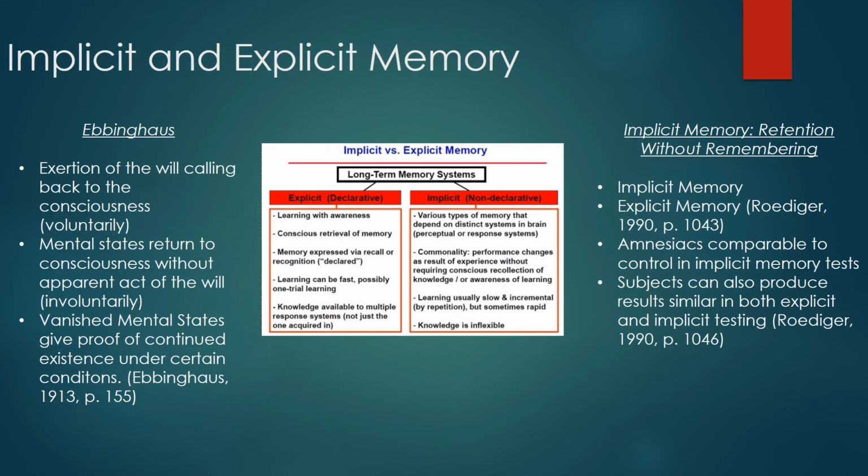Some are measured with implicit tests, which was to identify a word from fragments, or to say what comes to mind. They were given a list of words previously also. It was found that in these implicit tests, amnesiacs and control subjects were similar in results. The same has happened with subjects considered normal, or lacking any brain damage like amnesia.